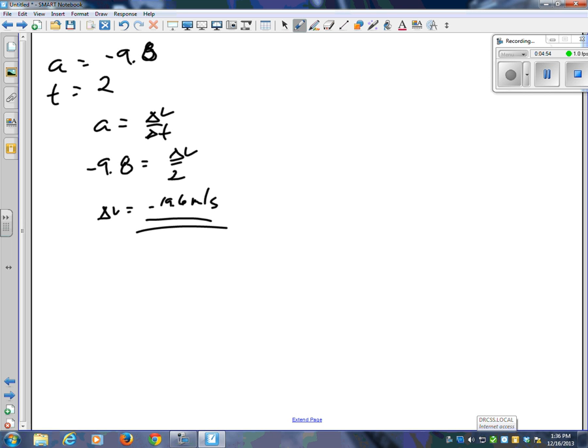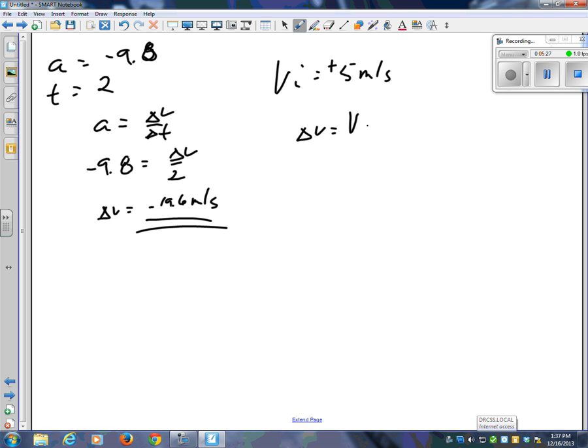Now, is the final velocity minus 19.6 meters per second again in this one? Why not? Because it's going up. The initial velocity of the bag is +5. Do we need to worry about plus and negative signs in this one? Yes, absolutely. Because the helicopter and the bag are rising at +5 meters per second, and the acceleration is down at minus.